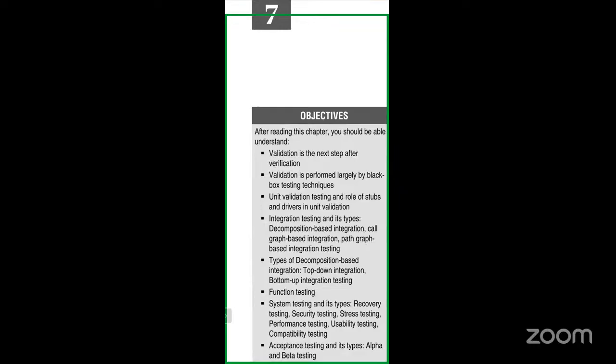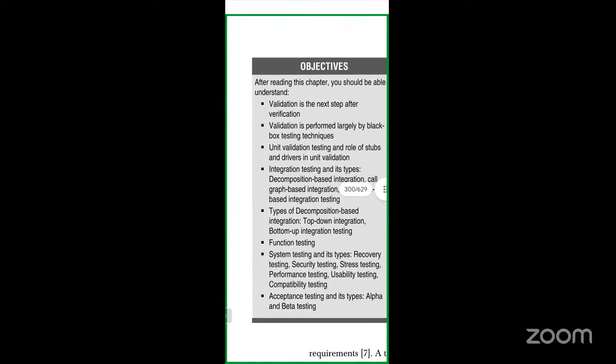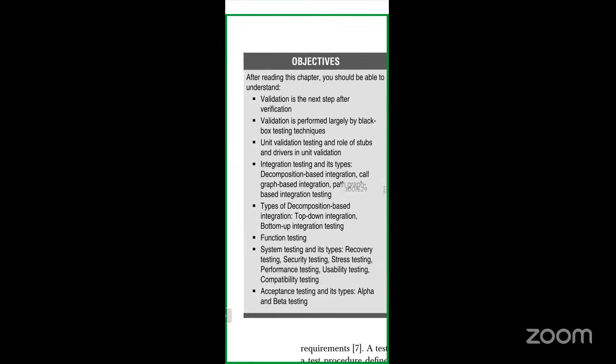There we will see call graph based integration and path graph based integration testing. Then we will go through the types of decomposition based integration, that is top down integration and bottom up integration. Then you will come to know about function testing.